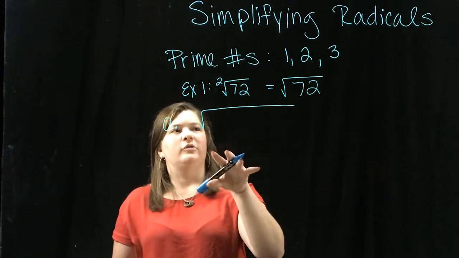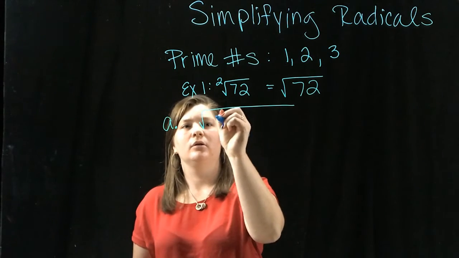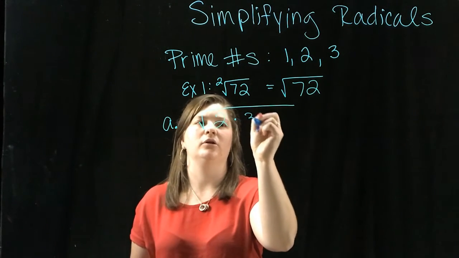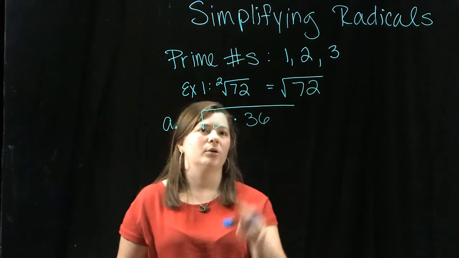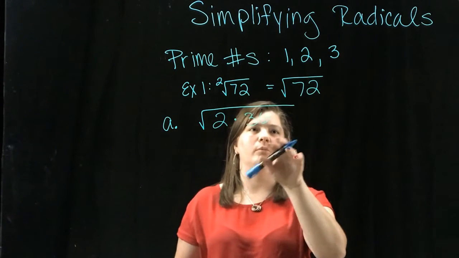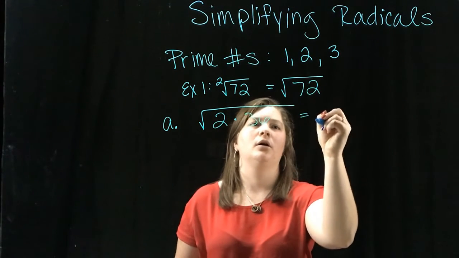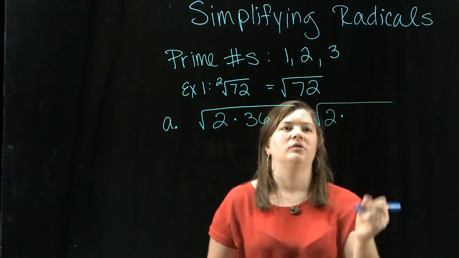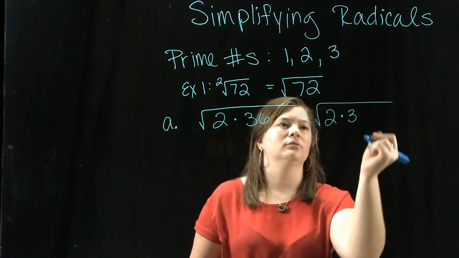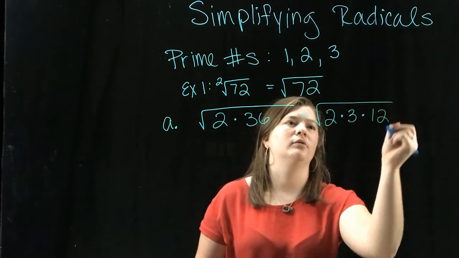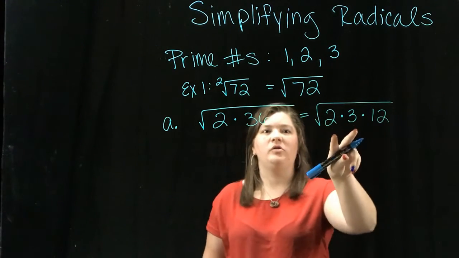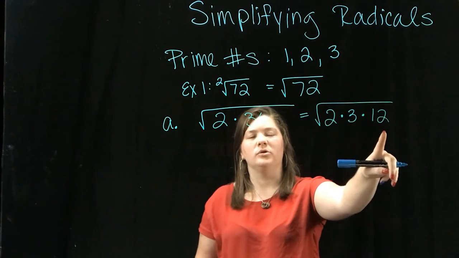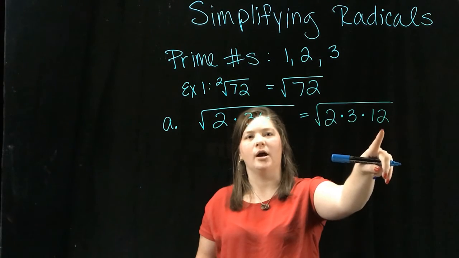But we know that 2 times 36 is equal to 72. And we want to break that 36 down a little bit more to where we get 2 times 3 times 12. Now we have 2 prime numbers, but this 12 here is still not prime.